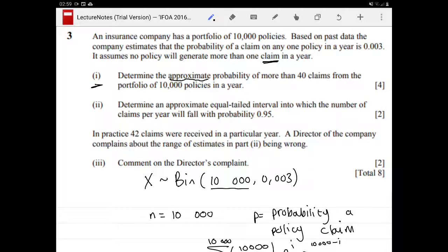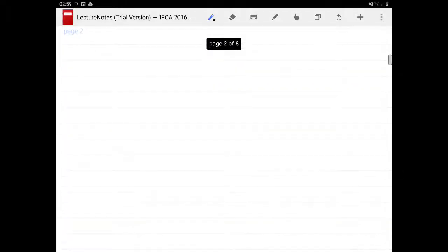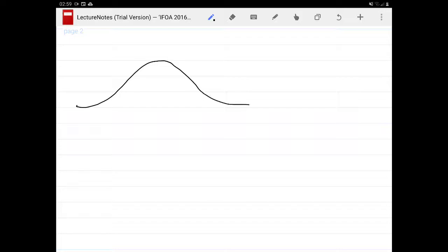So anyway, question 2. Question 2 says, determine an approximate equal-tailed interval into which the number of claims per year will fall with probability 0.95. The basic understanding of this question is we've got this X that looks normal.